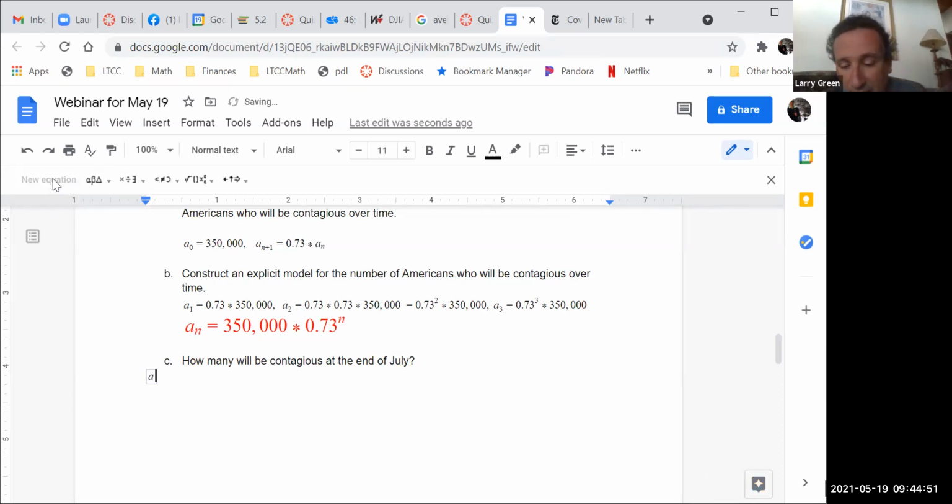So we just say a sub 7 is equal to 350,000 times 0.73 to the 7th power. I definitely can't do that in my head, but we can put it in the calculator pretty simply.